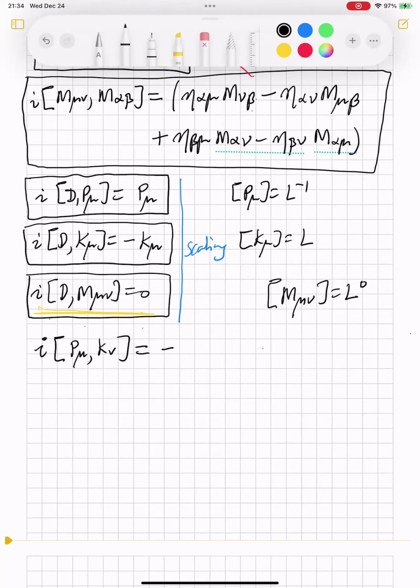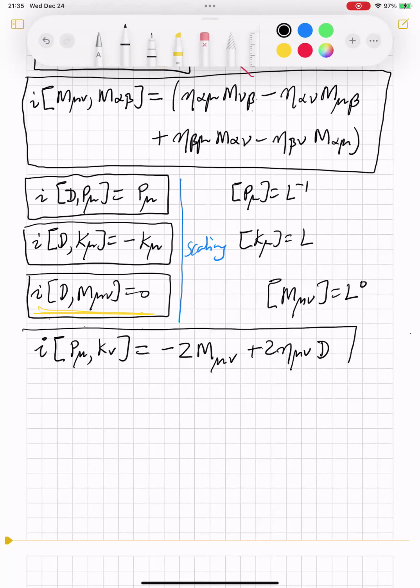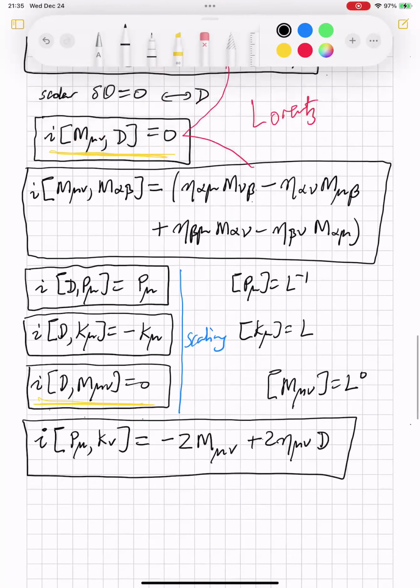If you go ahead and calculate this carefully, you'll get minus 2 M mu nu. Well, we know that M mu nu is dimensionless. And you'll get plus 2 eta mu nu and the dilatation operator. And that's the last commutator in the Lie algebra. At this point, we've gotten all of them.